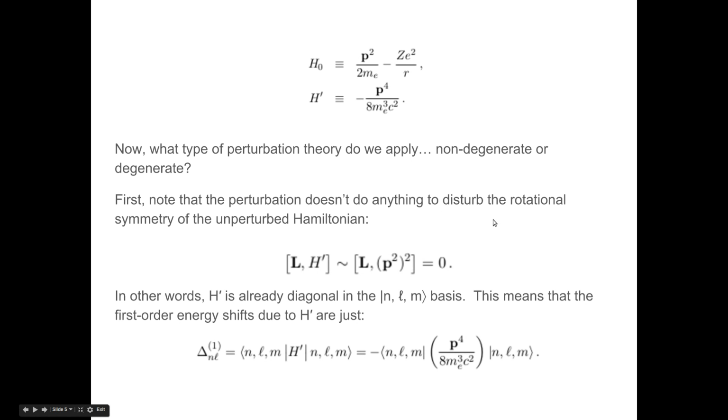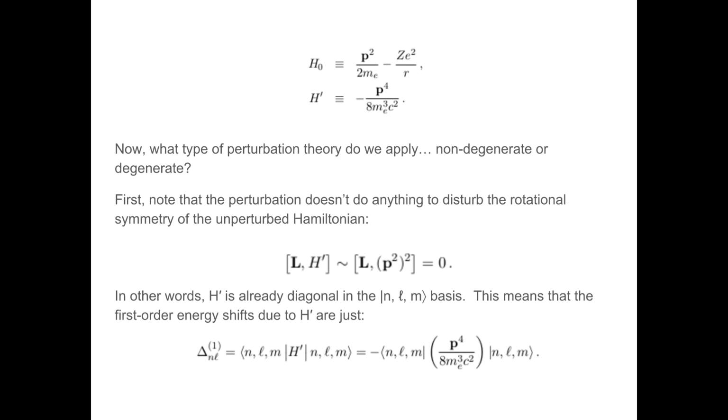And the first thing we notice is that the perturbation that we're considering doesn't do anything to disturb the rotational symmetry of the unperturbed Hamiltonian. So in other words, another way of saying that is that this operator that goes like p to the fourth, or p squared squared, commutes with the angular momentum, right? So the spherical symmetry is still intact.